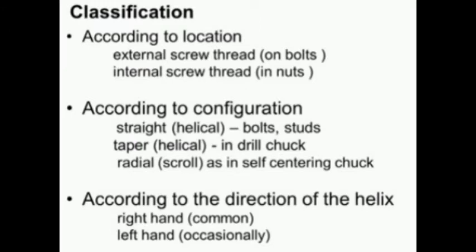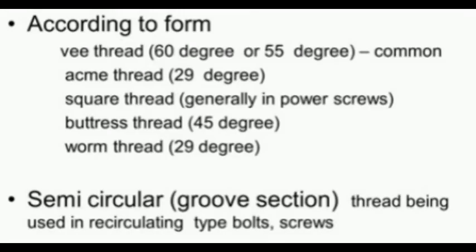Now according to the form, commonly V threads are preferred. According to the form, we have the V thread, which means 60 degrees or 55 degrees are used, ACME thread, that means 29 degrees, and square thread, which are generally used in power screws, buttress thread 45 degrees, and worm thread 29 degrees.